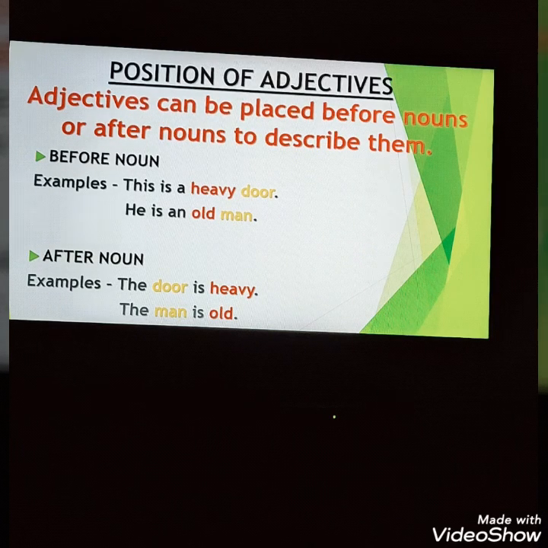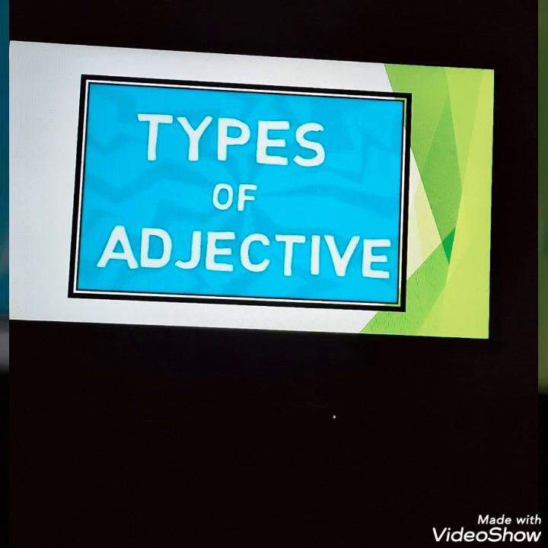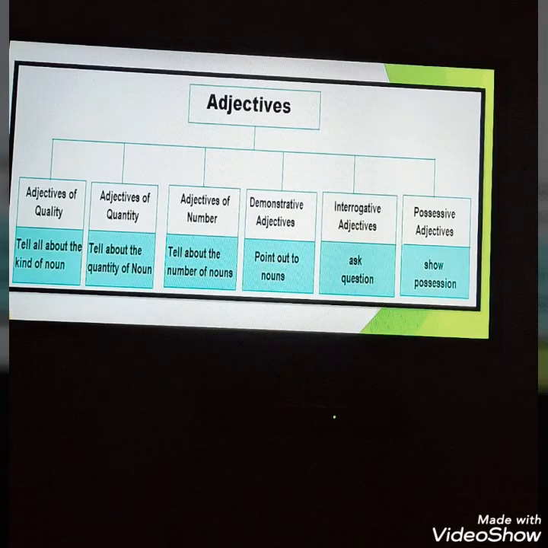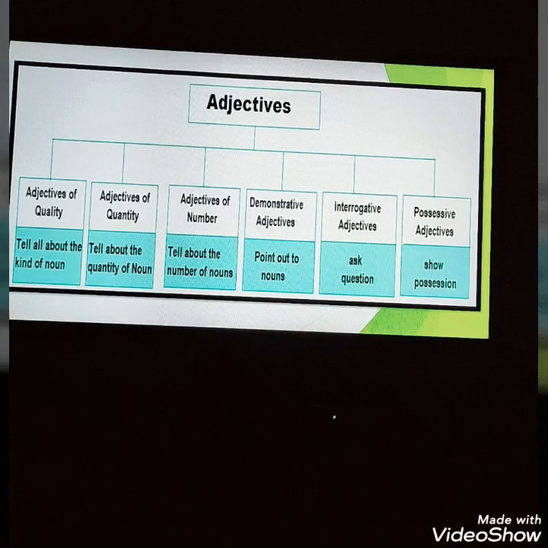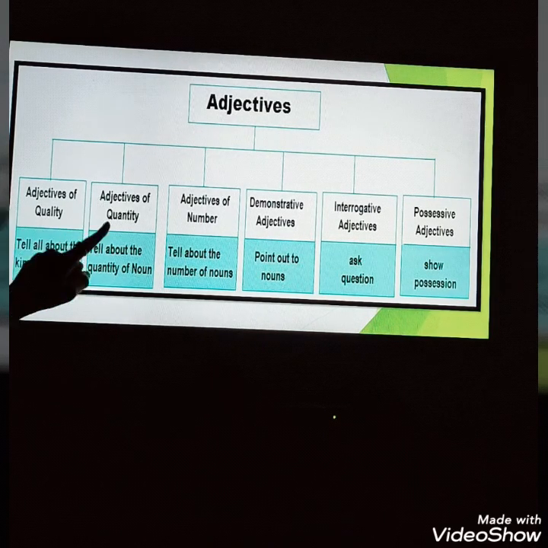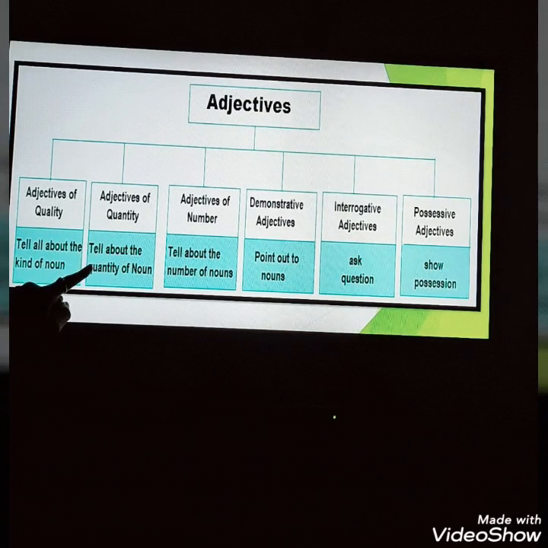Now let us learn about types of adjectives. There are 6 kinds of adjectives we are going to learn. Adjective of quality tells us about the kind of noun. Adjective of quantity tells about the quantity of noun.